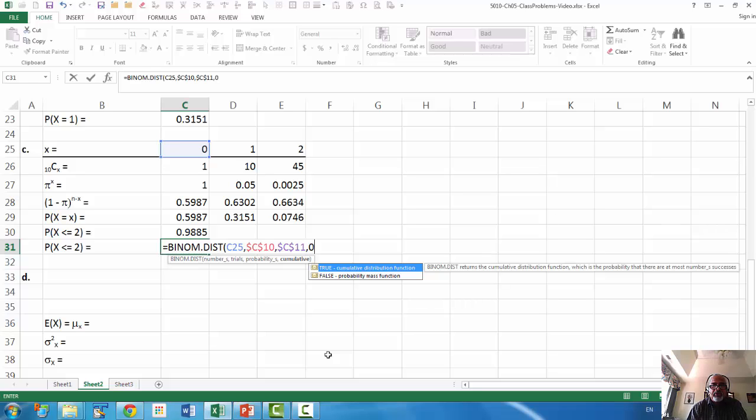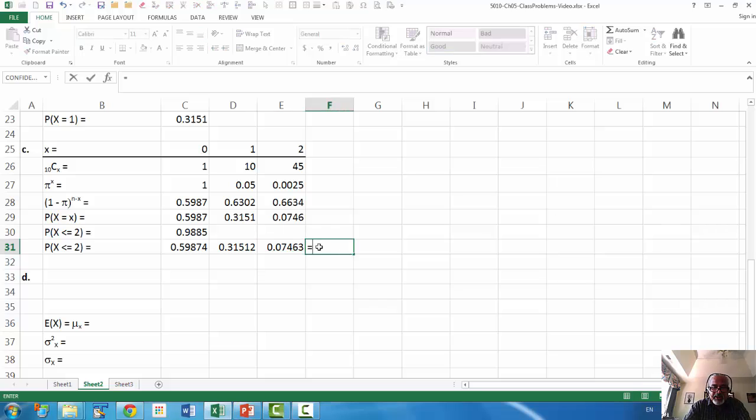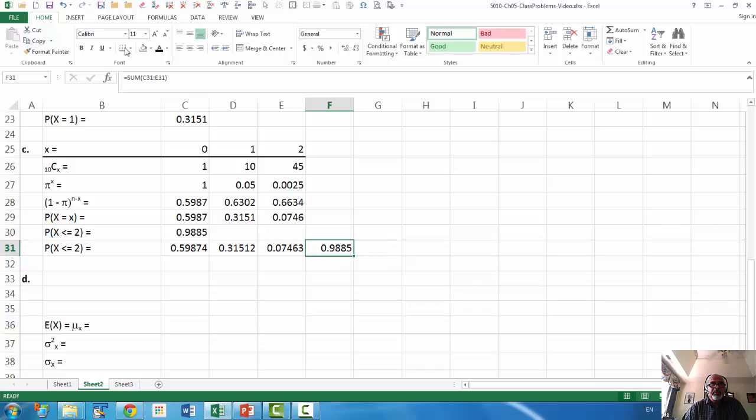So 0 represents false, that is we want individual probability. If you put 1, you'll have cumulative probability. If you then copy that, you get exactly the same numbers as there. The probability of x less than or equal to 2 will be the sum of these three values, and you get the same probability, of course, as before.